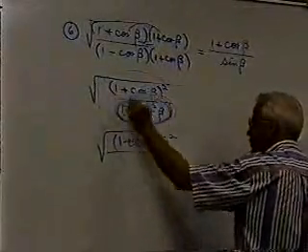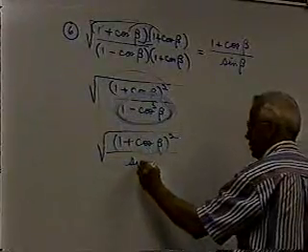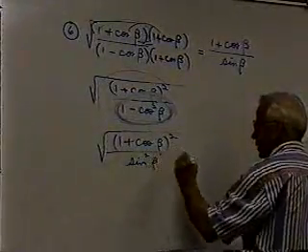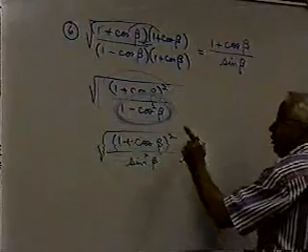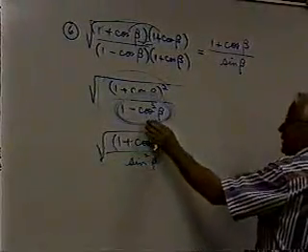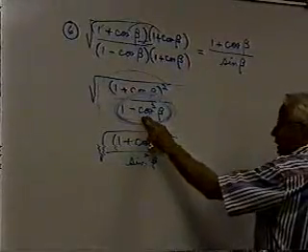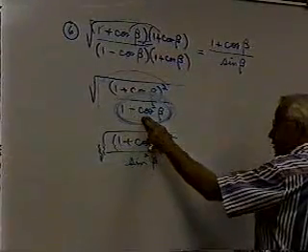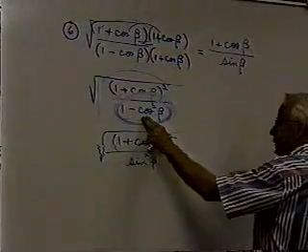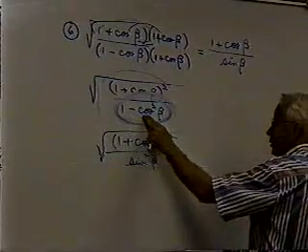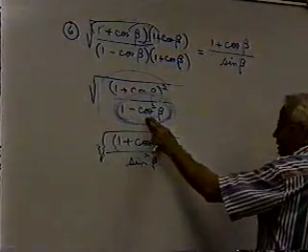How many times have we been doing that? 1 minus cosine squared is sine squared of beta. See, more often than not, that identity sine squared plus cosine squared equals 1 will be seen this way rather than sine squared plus cosine squared is equal to 1. It will usually be seen as 1 minus cosine squared or 1 minus sine squared.